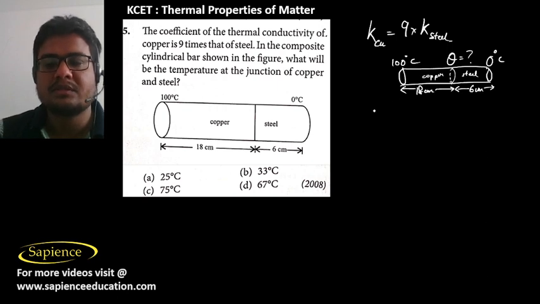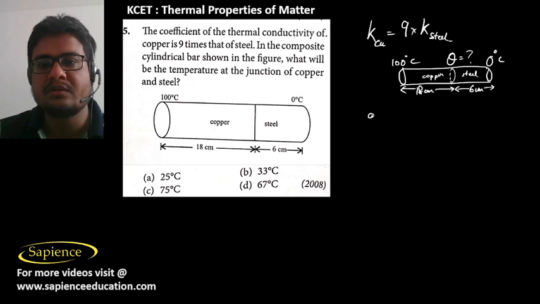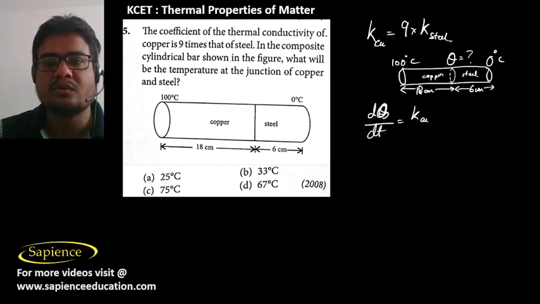So therefore we can say that since they are kept in series, the rate of flow of heat by thermal conduction will be the same. So dQ/dt is equal to k of copper into A into (theta minus 100) divided by 18 centimeter. The area of cross section is the same.